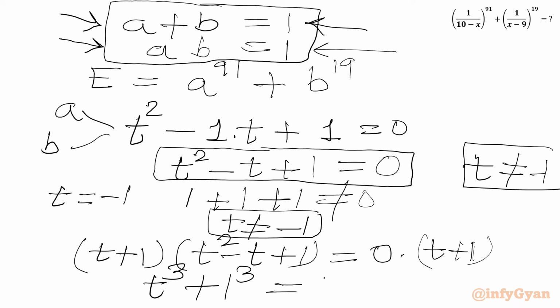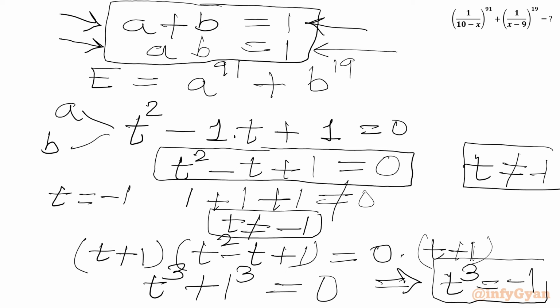And right hand side is 0. So ultimately we are going to get one important result, t cube equal to minus of 1 cube. 1 cube is 1. So minus of 1 means minus 1. So t cube is negative 1.